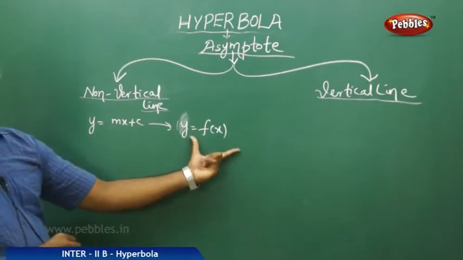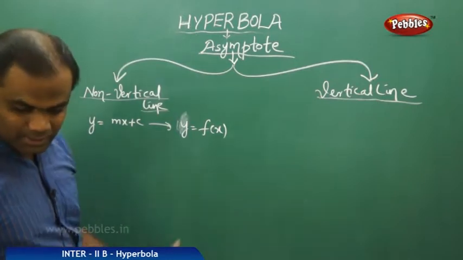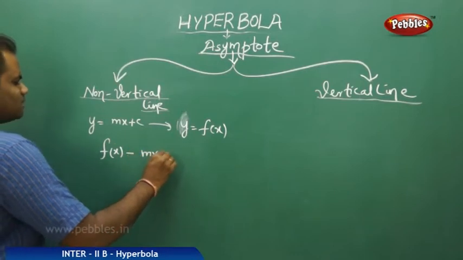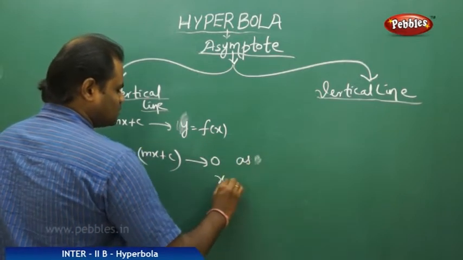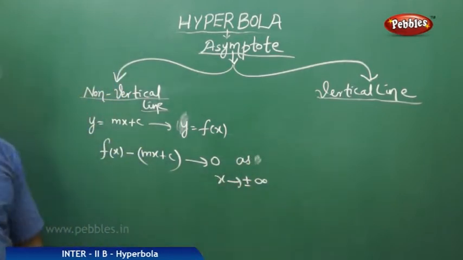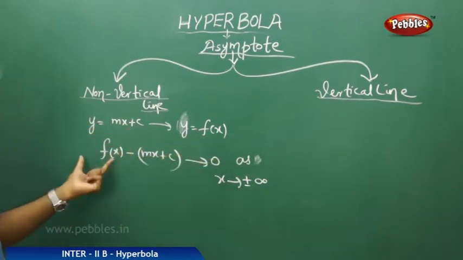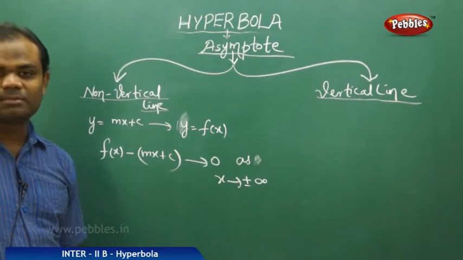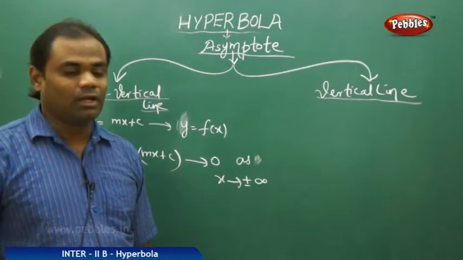This line is an asymptote for this curve if the difference f of x minus (mx plus c) tends to 0 as x tends to plus or minus infinity. So here we say that the non-vertical line is an asymptote for the curve if the difference of curve minus the line tends to 0 as x tends to plus or minus infinity. This is how we understand the non-vertical asymptote for a given curve or hyperbola y equal to f of x.